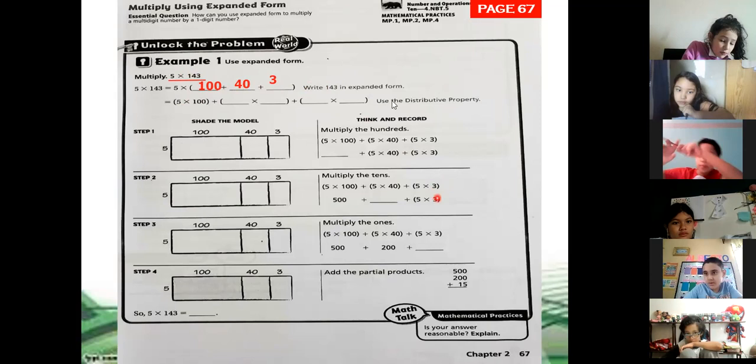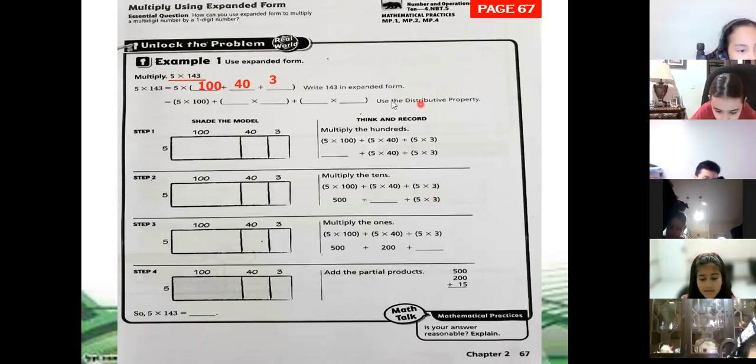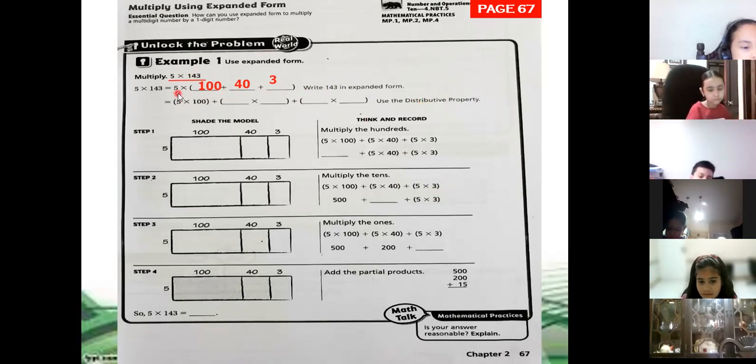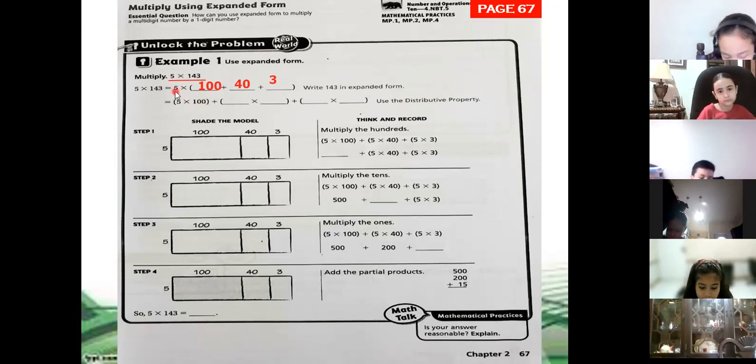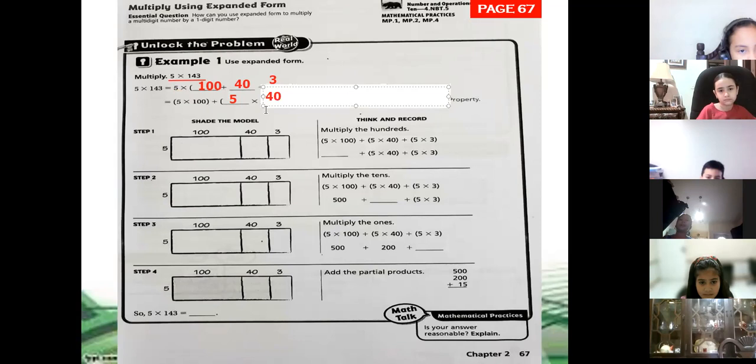Now, it says use the distributive property. How can we use the distributive property? We multiply 5 times 100, we multiply 5 times 40. We multiply the factor 5 by each of the other numbers.